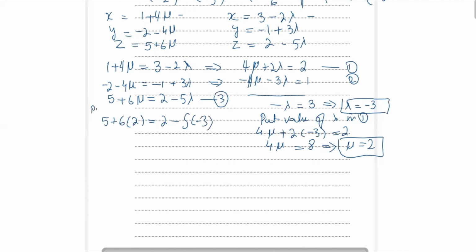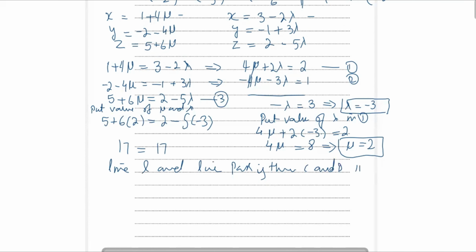We can put the value of mu and lambda. Now you see here that is 17. This is also 17. Therefore, it satisfies the equation. We say that the line L and the line passing through C and D intersect each other.